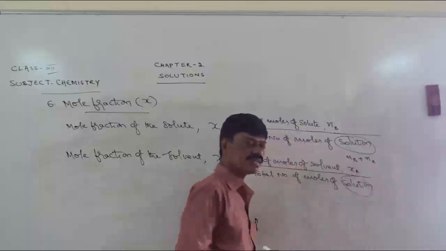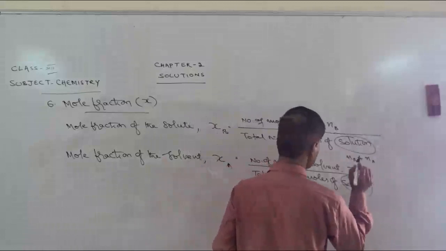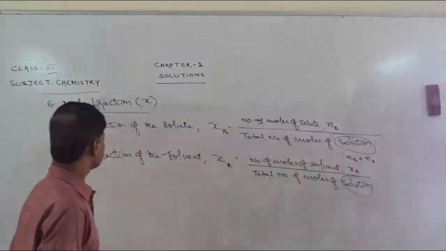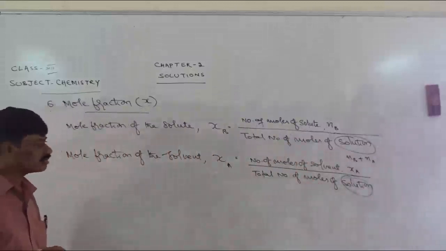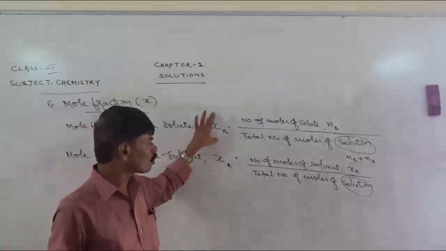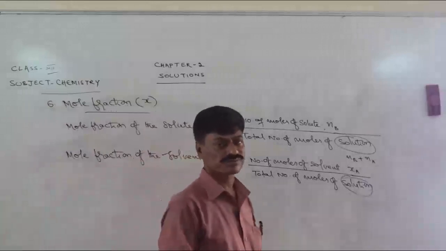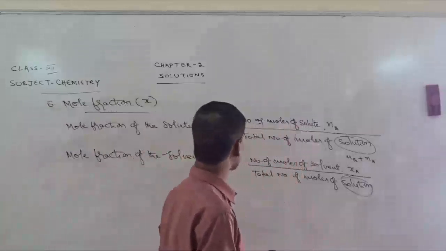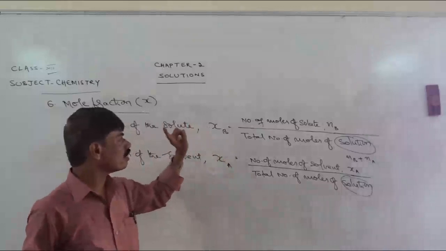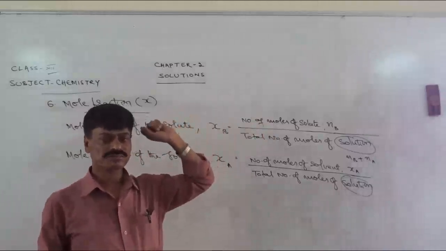Again here solution means nA plus nB. Right. That is about mole fraction. Here, if mole fraction of solute is more, it means concentration of the solution is more. So concentration of solution depends on the quantity of the solute dissolved in that binary solution.